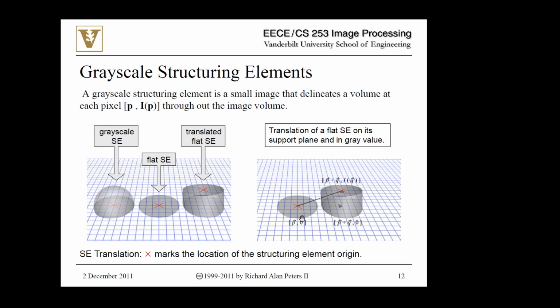So the height of the set was flat, then we only have I of Q. And this is if we have a flat disk, but we could have any other structuring element. So we could have a hemisphere, and then we would have here the hemisphere as the element.